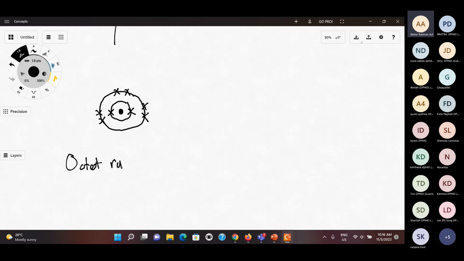Octet rule. Octet means 8. Okay, so that means kalaulah orbital kedua oksigen ni dipenuhi dengan 8 elektron, dia jadi stabil. And like many things, macam manusia, kita suka kestabilan. We like stability. Kalau hidup kita stabil, kita lebih aman. We are more content, lebih bahagia.